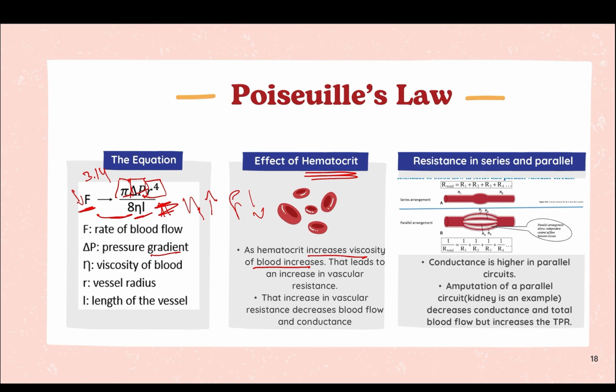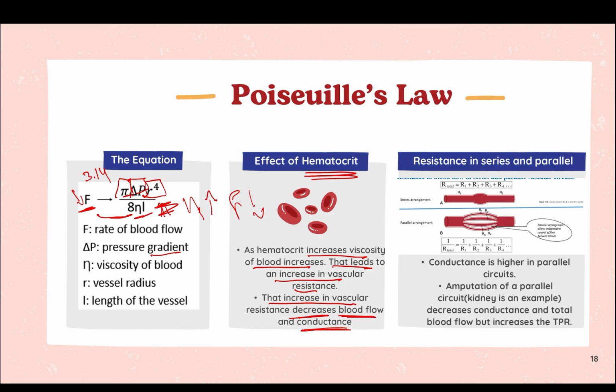What would that lead to? That leads to an increase in vascular resistance as well. So, the increase in vascular resistance is going to decrease blood flow and conductance. Again, hematocrit increases, viscosity of blood increases, it decreases the rate of blood flow and decreases the conductance.